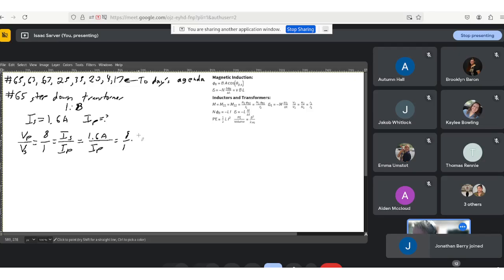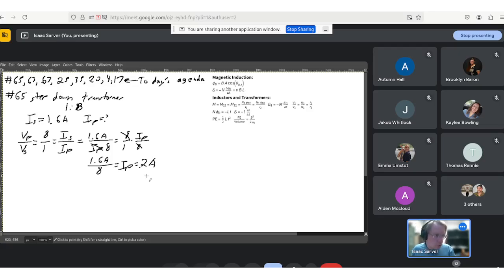Multiply by IP over 8, the 8s go away, IP goes away, divide by 8. So 1.6 amps divided by 8 is equal to IP, about 0.2. Yep, 0.2 amps. Questions? Make sense?